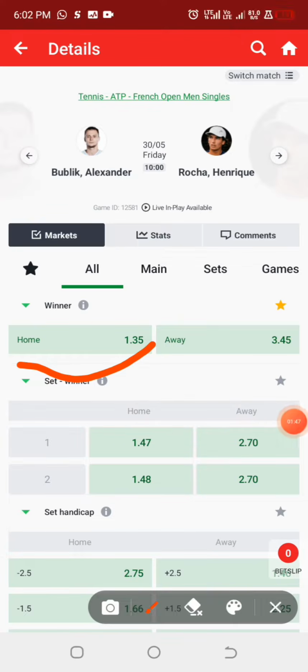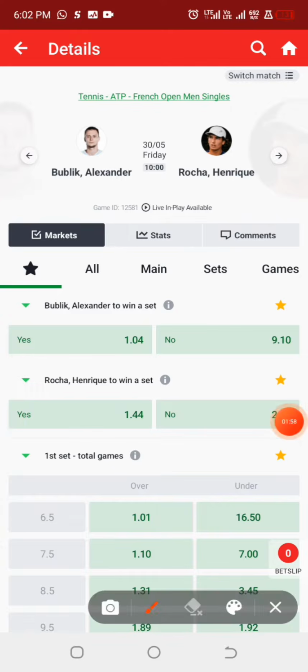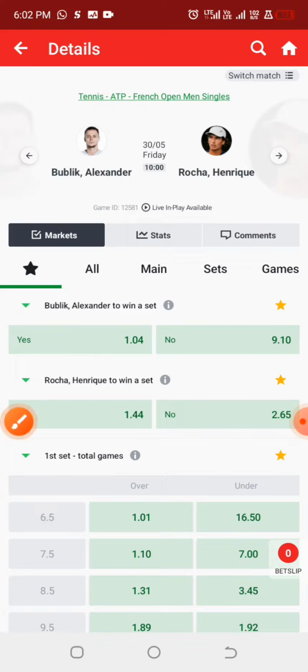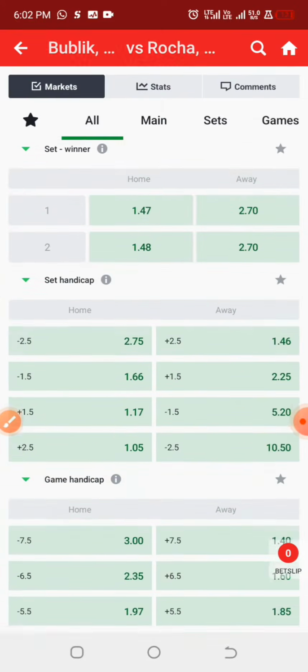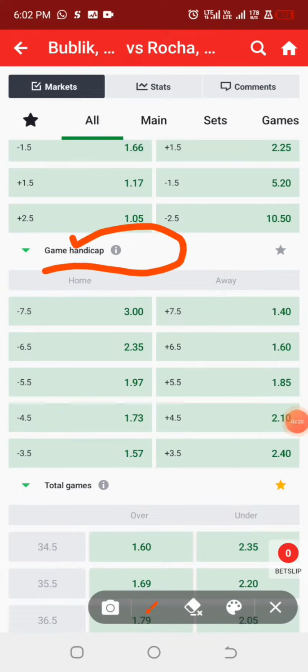The player the bookmakers allocated 1.35 to is expected to win the match based on the odd. If we look at this player to win a set, you can see 1.04 odd allocated to him, that is for him to win at least a set. The odd for this market can be very small and ridiculous sometimes, but if you use the right strategy to do the analysis, you will see that it works out so well.